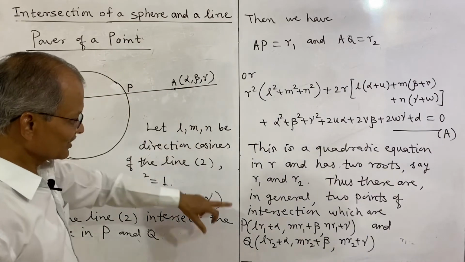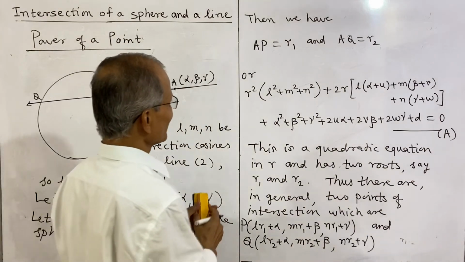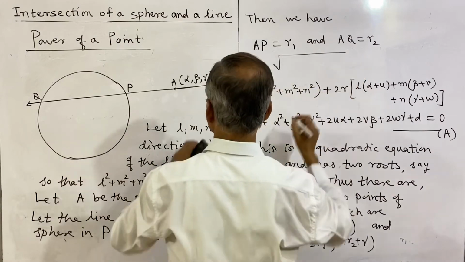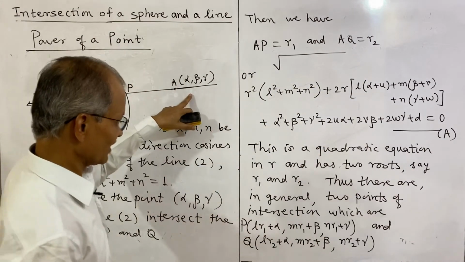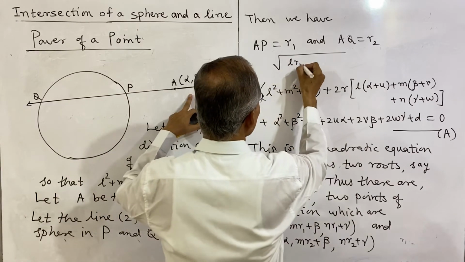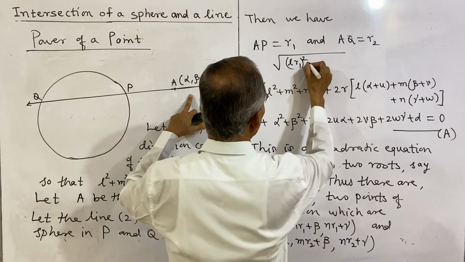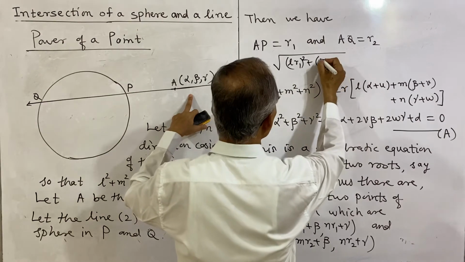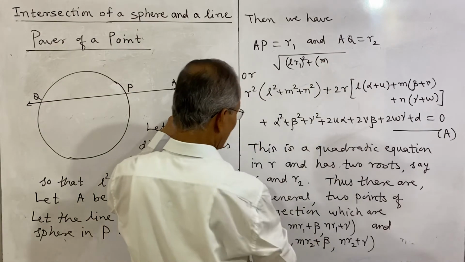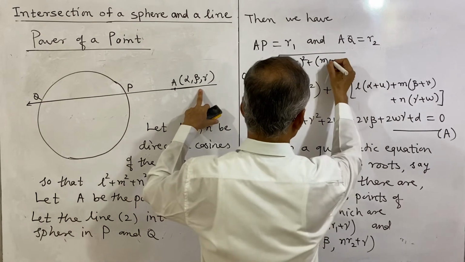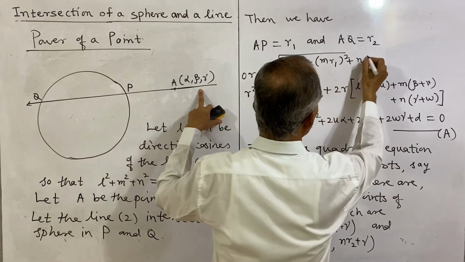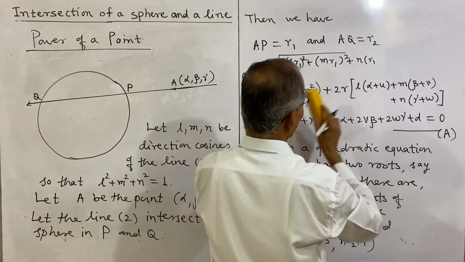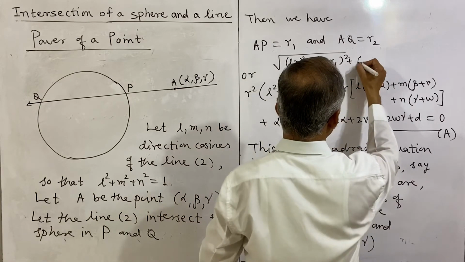Because if you use the distance formula, AP will be under root of, we will verify, l r1 plus alpha minus alpha, that is (l r1) square, plus similarly (m r1 plus beta minus beta), that is (m r1) square, plus (n r1) square, whole under root, by the distance formula.